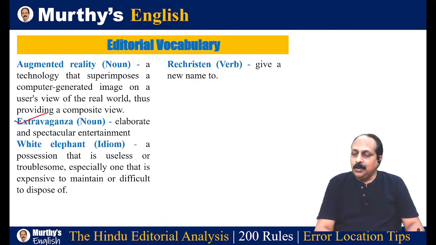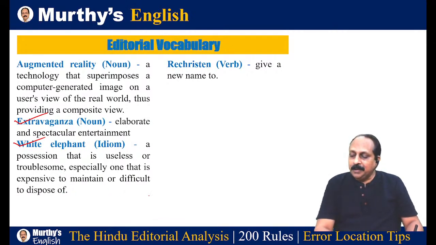Extravaganza, an important word, part of speech noun, elaborate and spectacular entertainment. Someone throws a party or a particular event, we use the word extravaganza. White elephant, it is an idiom. It means a possession that is useless or troublesome, especially one that is expensive to maintain or difficult to dispose of.